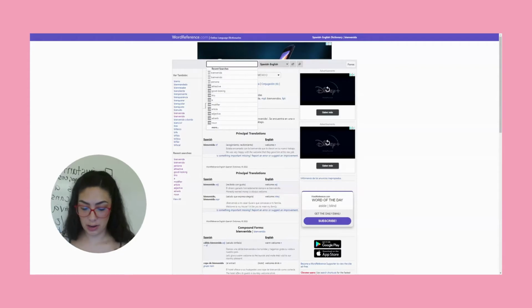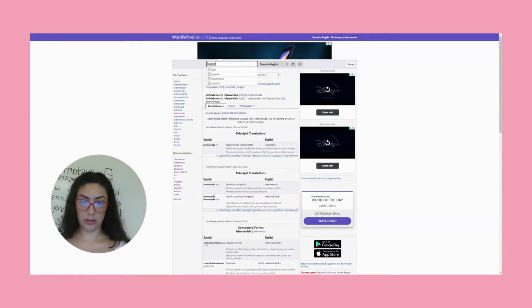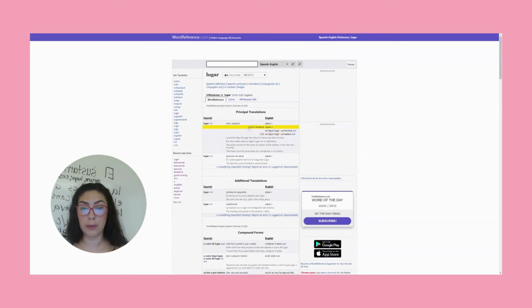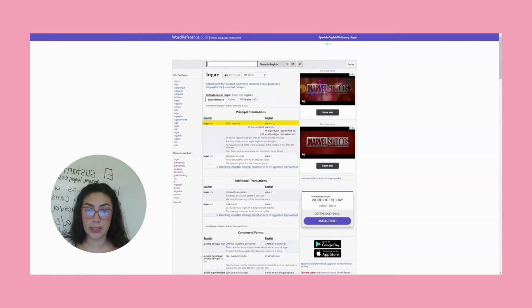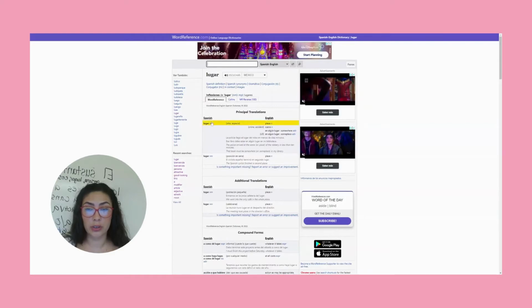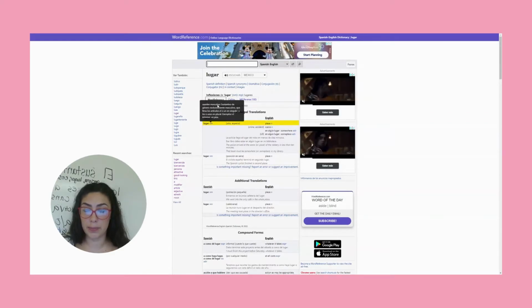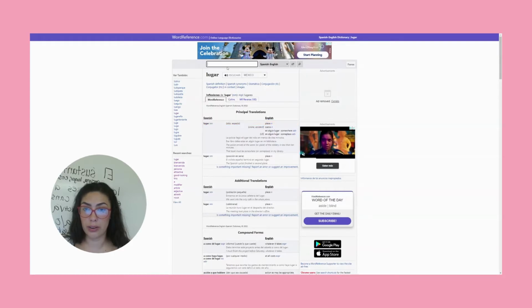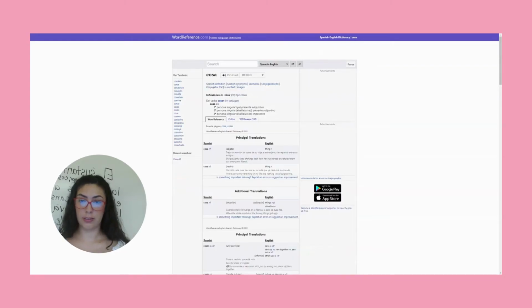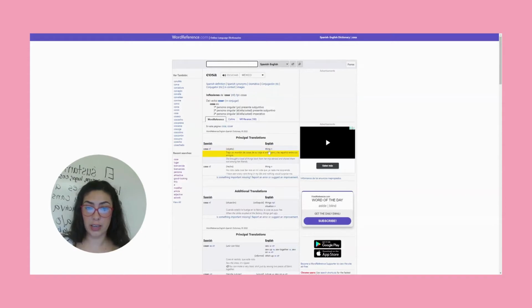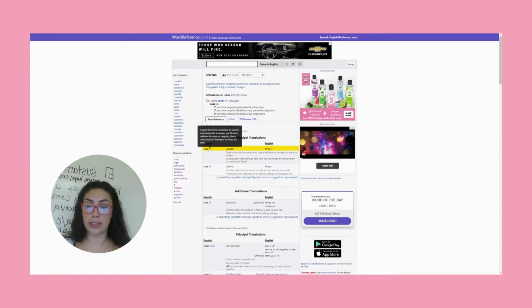So another example, lugar. Lugar, place. It's a noun, and then you toggle over here and it's a masculine noun. El lugar. Cosa, in English it's thing, and it's a feminine noun.